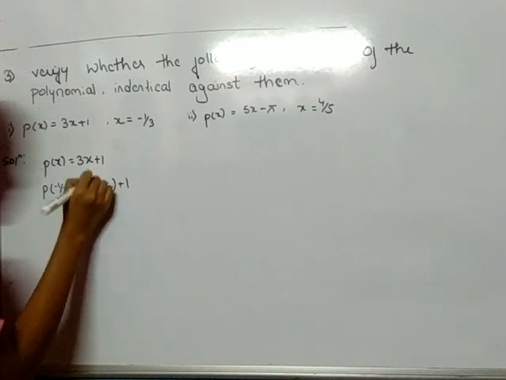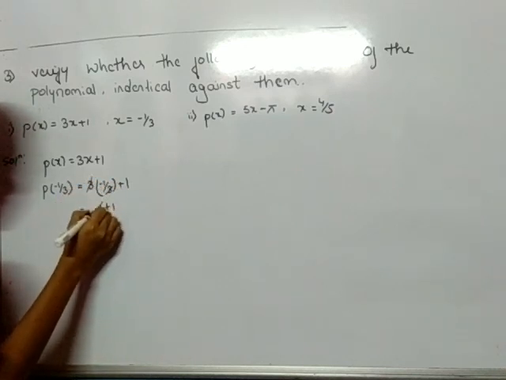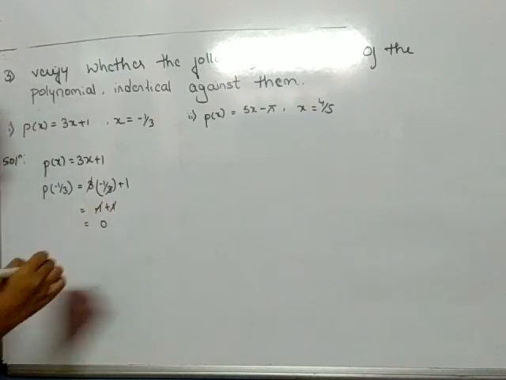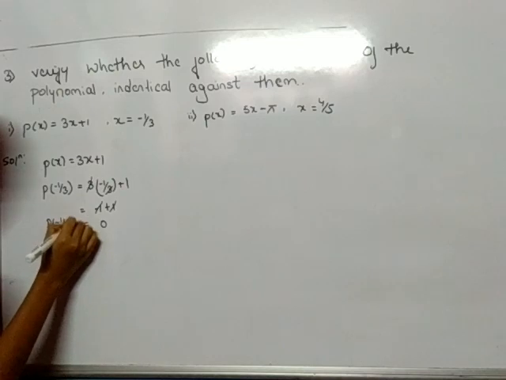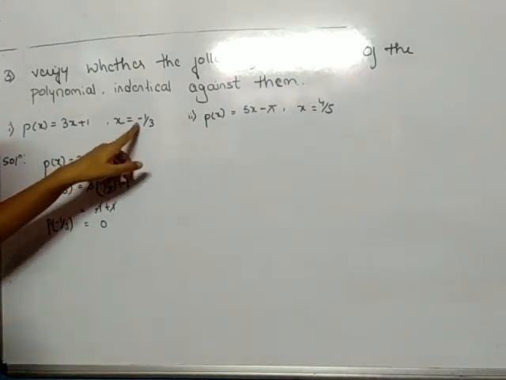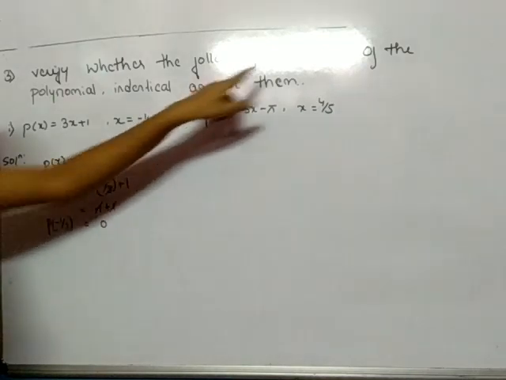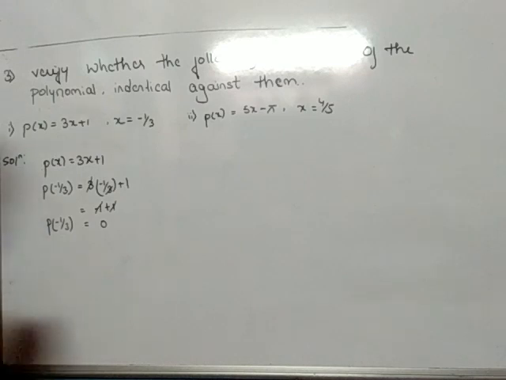Right? 3 cancels. Remaining is minus 1 plus 1. So minus 1 plus 1 cancels. The answer is 0. So P of minus 1 by 3, we are getting it as 0. So we can say that minus 1 by 3 is the 0 of the polynomial.